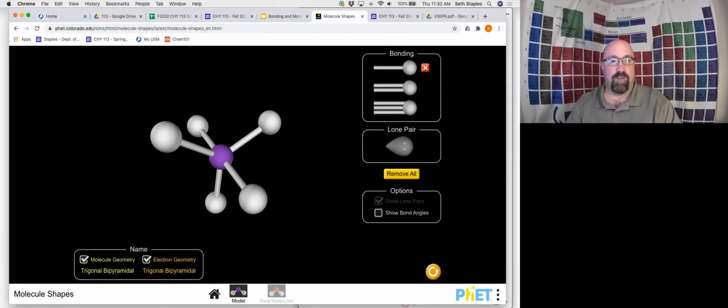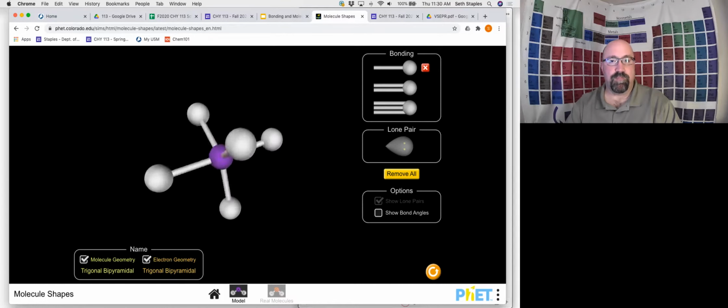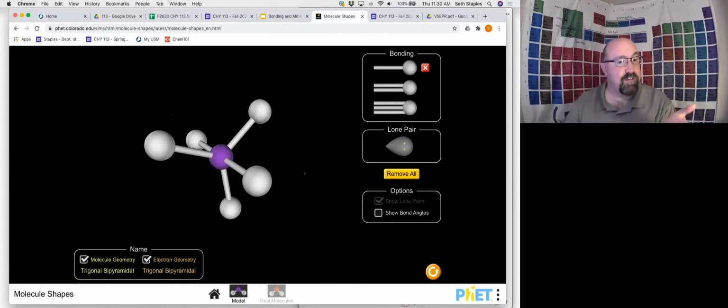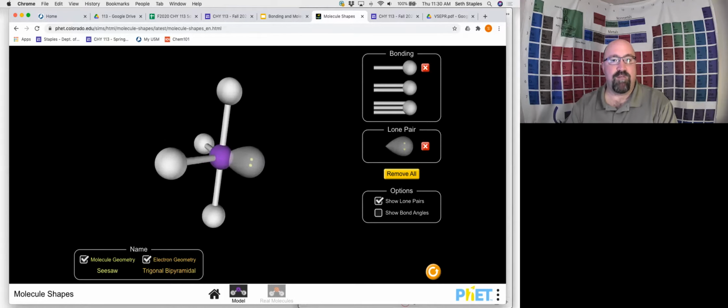But it's called a trigonal bipyramidal electron geometry. And if all 5 of the electron domains are bonding, then again, it's also a trigonal bipyramidal molecular geometry. We get rid of one of the bonds and replace it with a lone pair. Now we have what we call a seesaw shape.